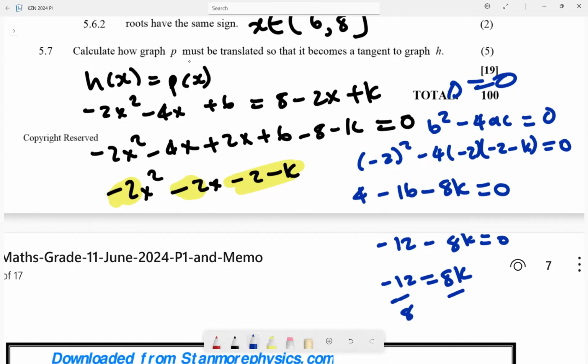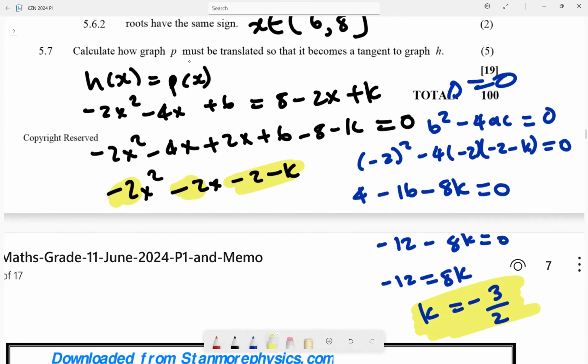I divide by 8 on both sides. Then k will be equal to negative 12 divided by 8, which is negative 3 divided by 2. So it means now k must be translated like this.